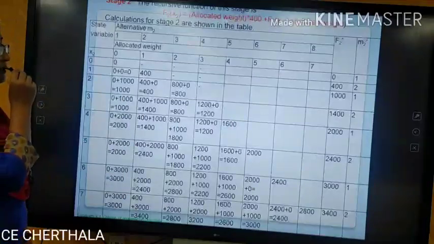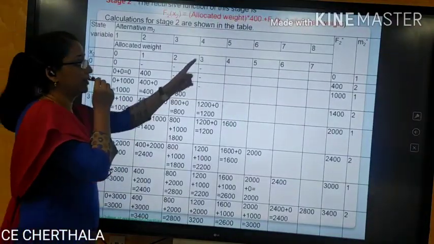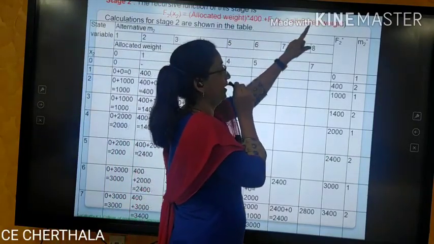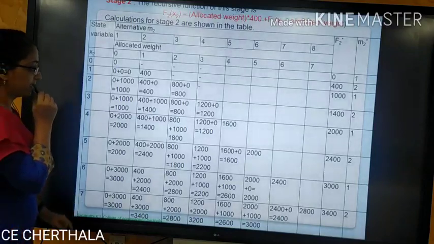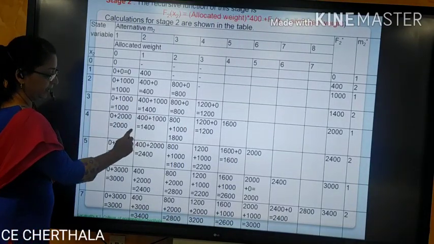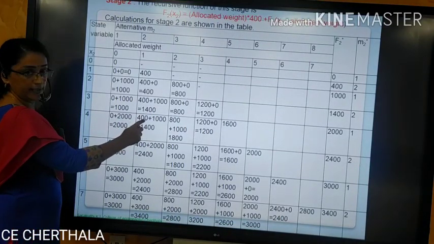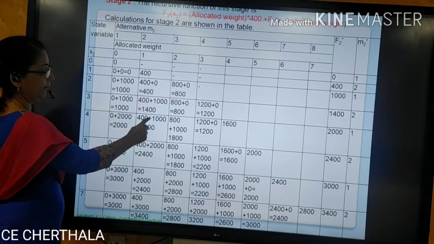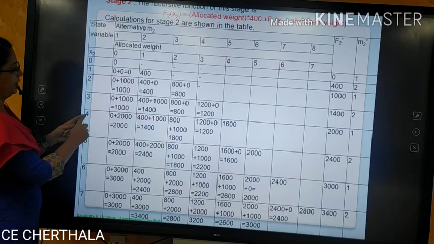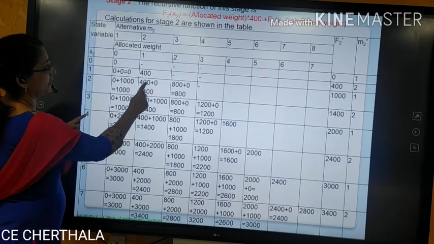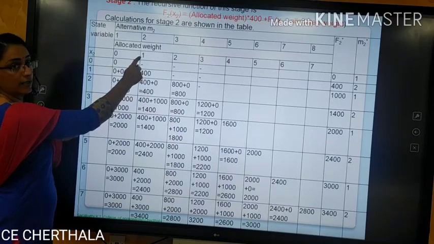Now the second term can be calculated using the formula f1 of (x2 minus allocated weight). So I shall explain some of the cells. Consider this cell, 400 plus, second term is f1 of (x2 minus allocated weight). Here the x2 value is 4. x2 minus allocated weight, here it is 1.